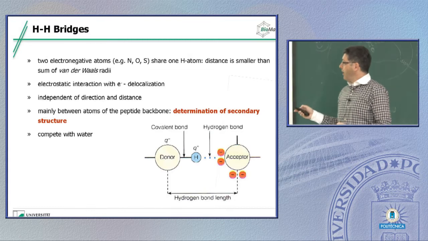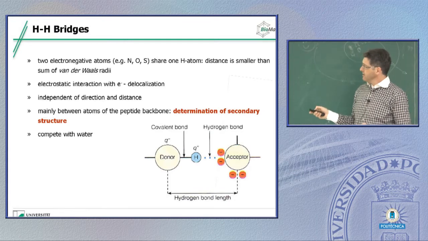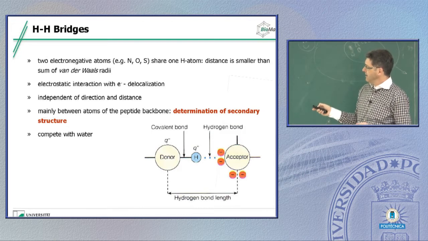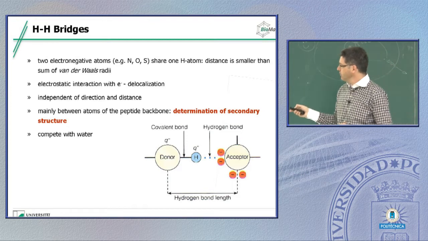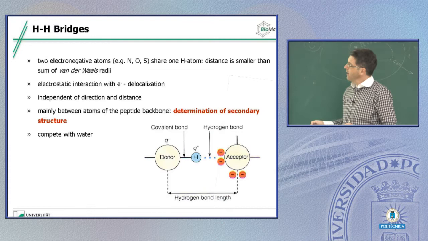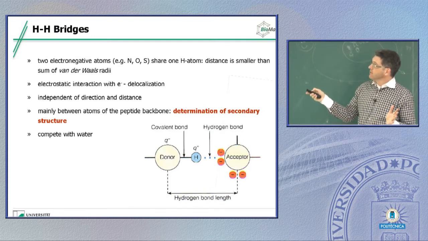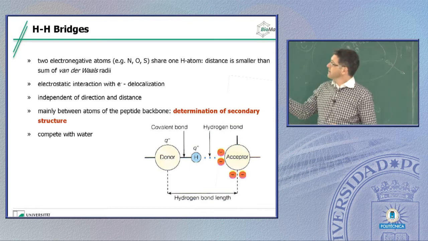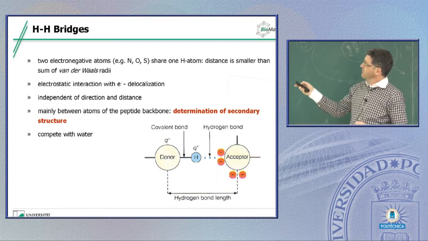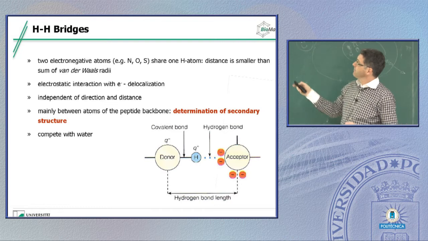H-bridges. As I said before in the table, for making an H-bridge, you need an H donor and an H acceptor. So the hydrogen is actually shared between the donor and the acceptor atom. This can be the case, for instance, for two electronegative atoms, let's say nitrogen or oxygen or sulfur, and they share one hydrogen atom.